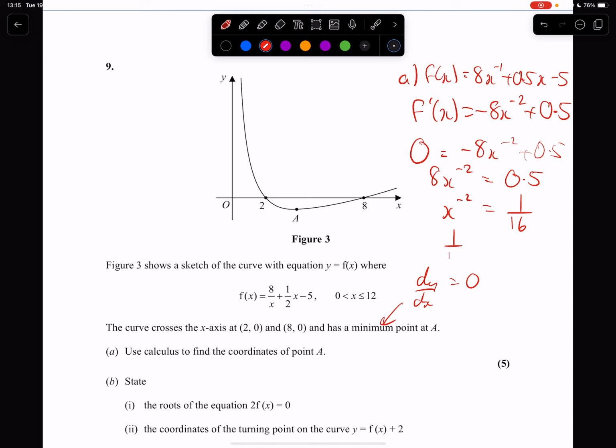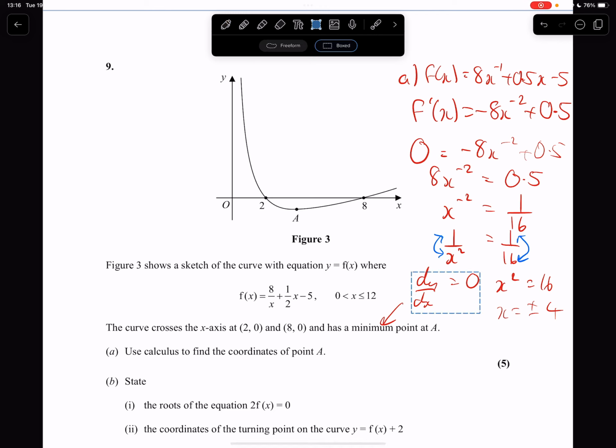And remembering that x to the minus 2 means 1/x squared is 1/16. Because we only have one fraction on each side, we can essentially flip it and say x squared is equal to 16, which means that x is plus or minus 4.